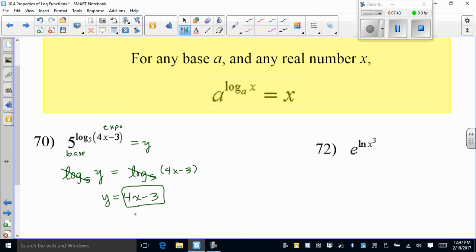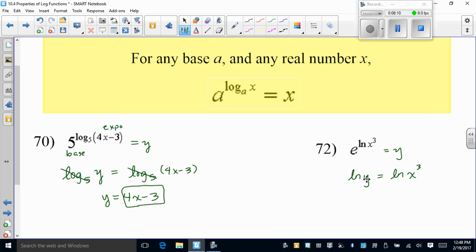So this one here, same idea, is that if I did this again over here, the answer is going to be x to the third, but we're going to get the natural log of y equals the natural log of x cubed. Just changing it from exponential to logarithm.